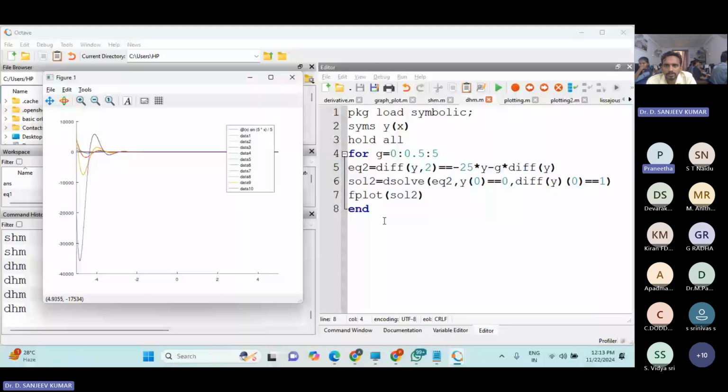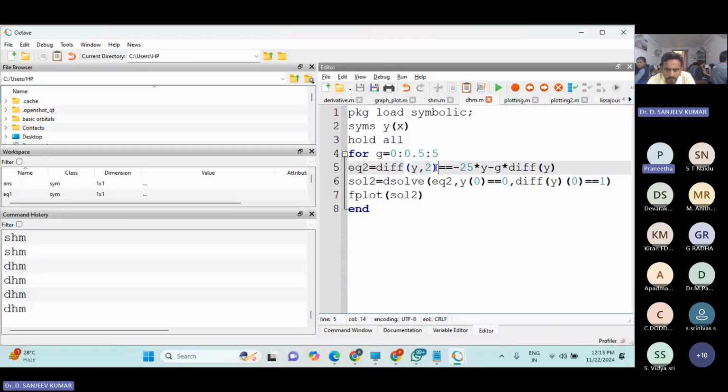So that is how we can solve differential equations. So you can write any equation. The only thing is the higher order term should be on left side and all other terms should be on the right side.